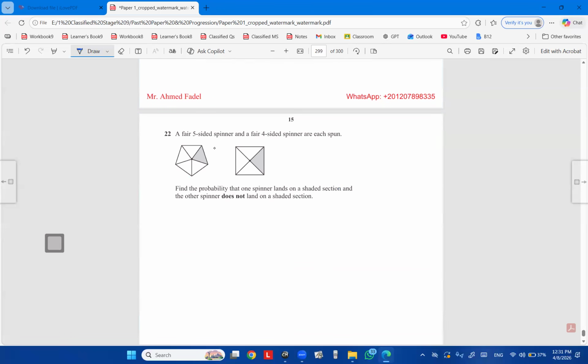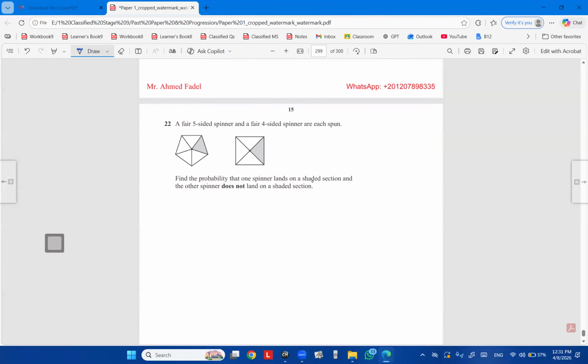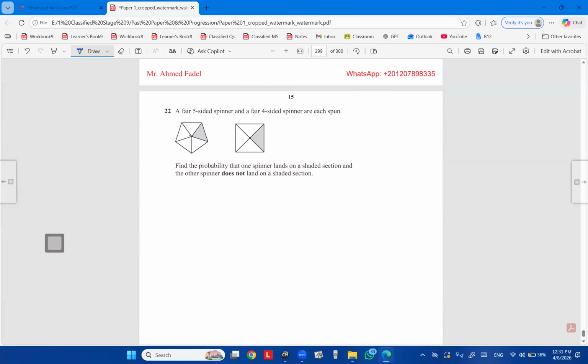Question 22 says, a fair 5-sided spinner and a fair 4-sided spinner are each spun. Find the probability that one spinner lands on a shaded section and the other spinner does not land on a shaded section. So I can have this one shaded and the other unshaded. This is the first probability, which is 1 over 5.